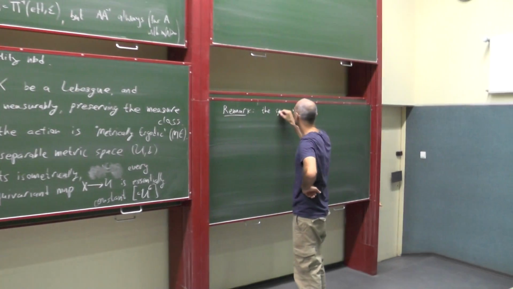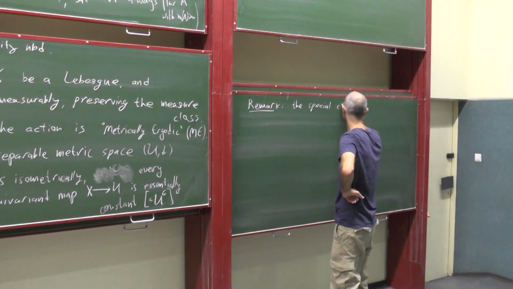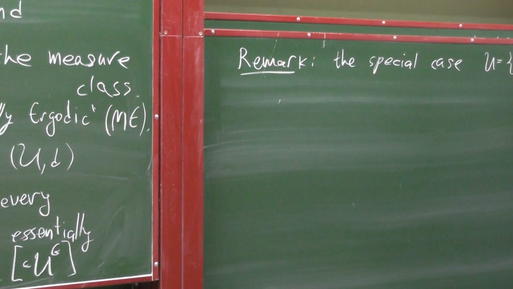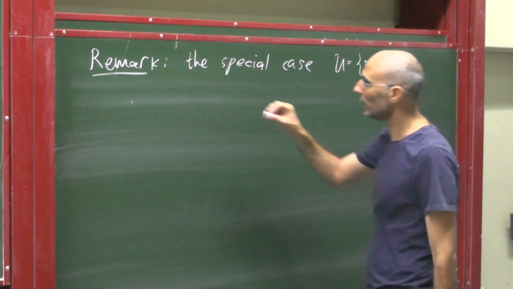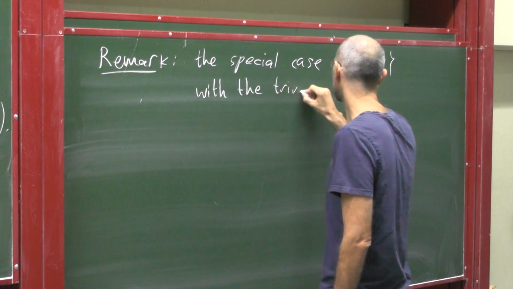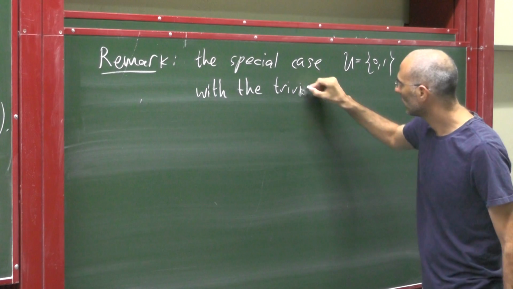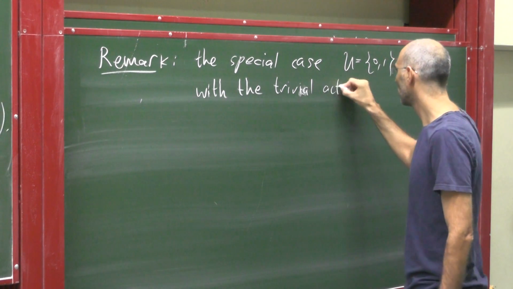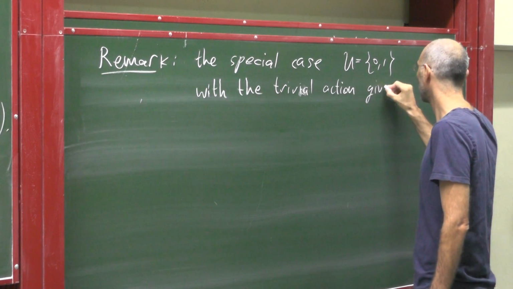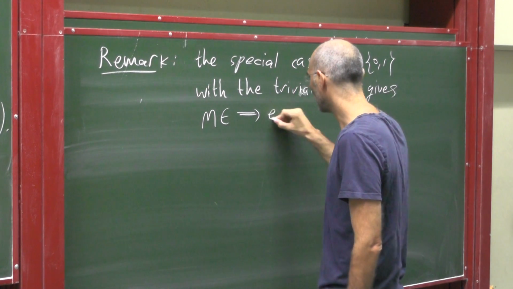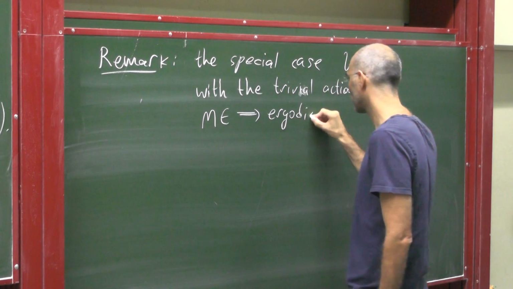The special case, U being 2 points, with the discrete metric and trivial action, gives that metric ergodicity implies ergodicity of the action of G on X.